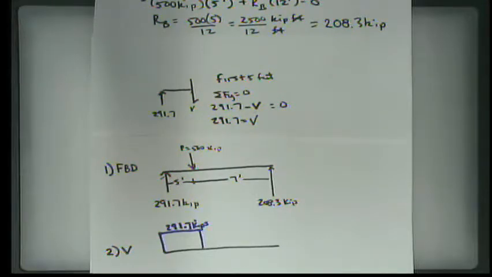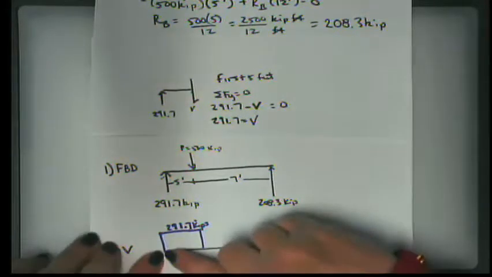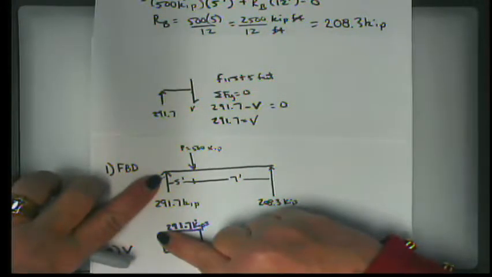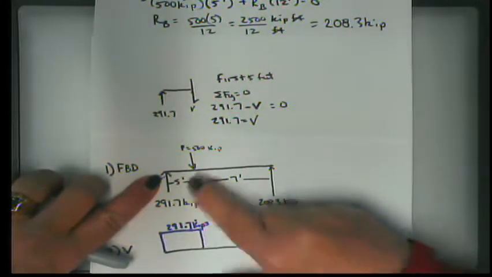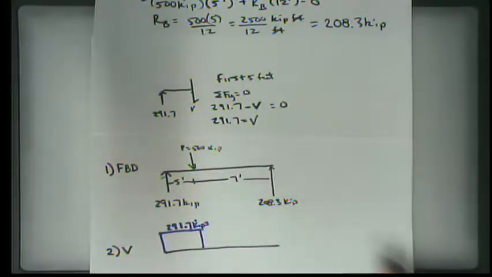But shear jumps from 0 to big instantly and jumps from big to 0 or negative instantly. That's why shear concentrates on connectors or fasteners. When you have a support or an applied load, the shear can become instantly huge. And that's what we're seeing here. We start with 0, and then where the support is, it goes instantly up to match that, and it stays at that until we get to 5 feet.